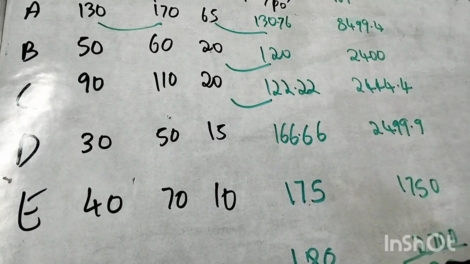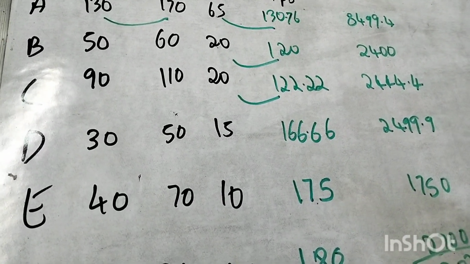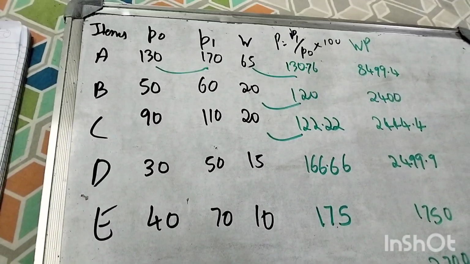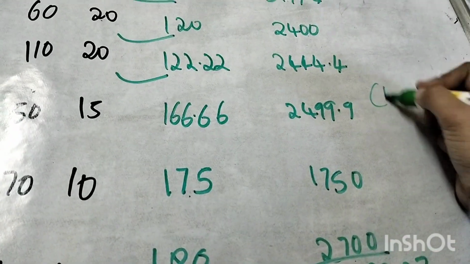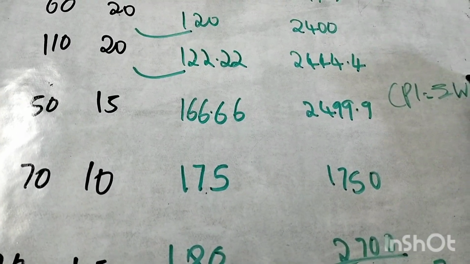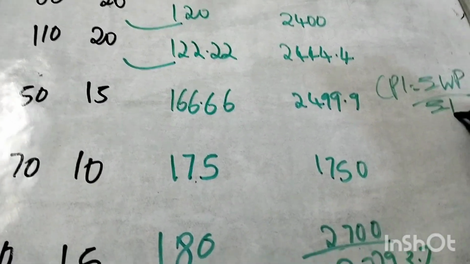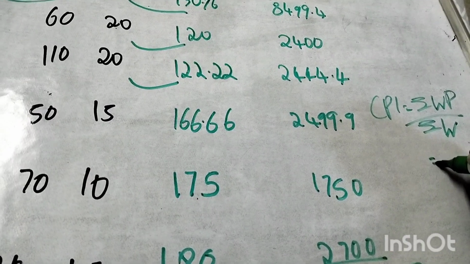So the total goes to 2293.7, and W is 145. So CPI is summation WP by summation W.